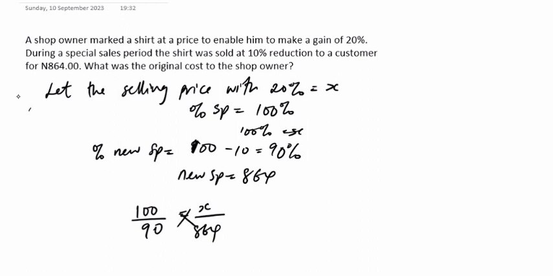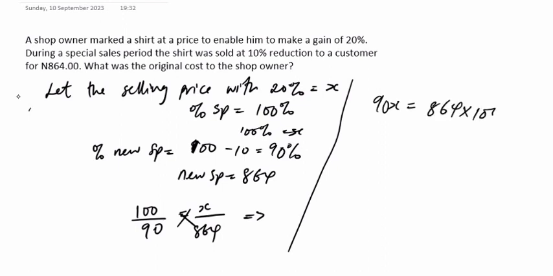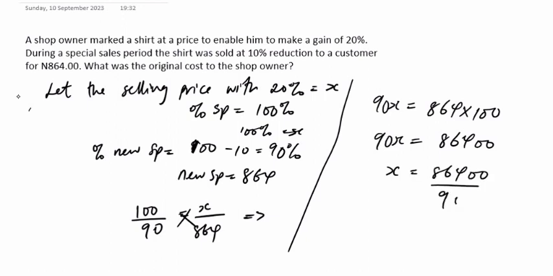When we cross multiply, we are going to have 90x equal to 864 times 100, so 90x equals 86400. Divide both sides by 90, then x is 86400 over 90, which gives x to be 960.